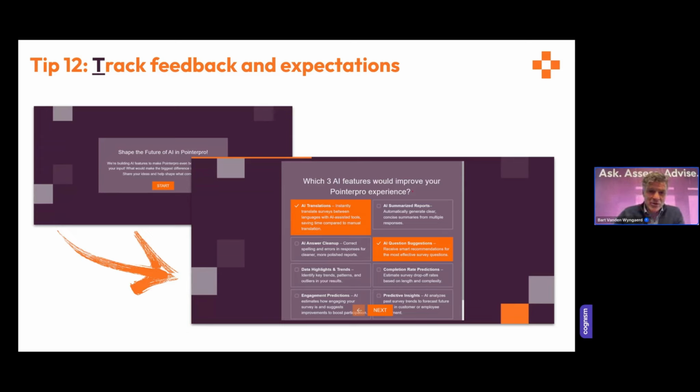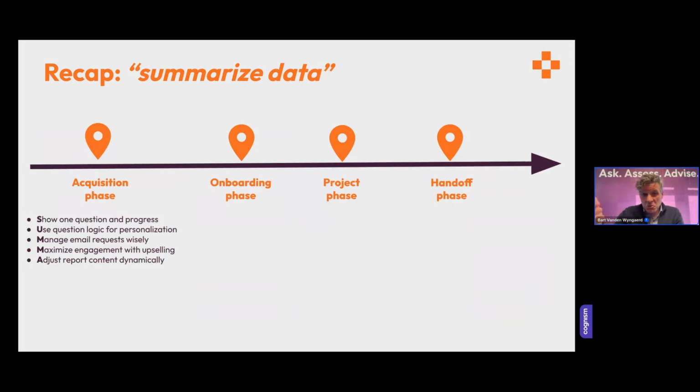We are doing that. So, to finalize, remember, summarize data. I went over the 4 phases of a customer where you can use in different ways the one single license that you've bought. You see here the different tips that I have provided for every phase.